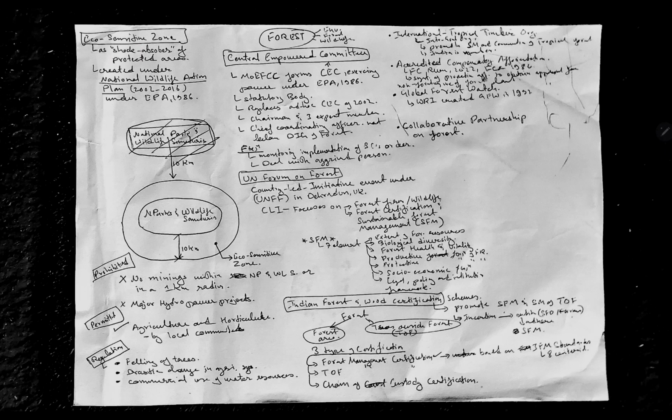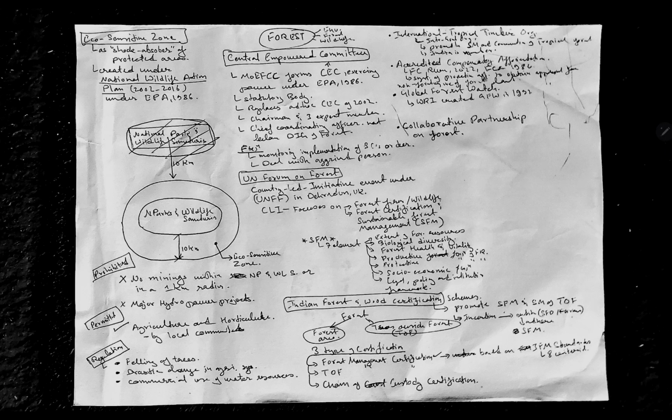Now move on to the next development, that is the Central Empowered Committee, CEC. Remember, the Central Empowered Committee is formed by the Ministry of Environment, Forest and Climate Change. It exercises its power under the Environmental Protection Act of 1986.